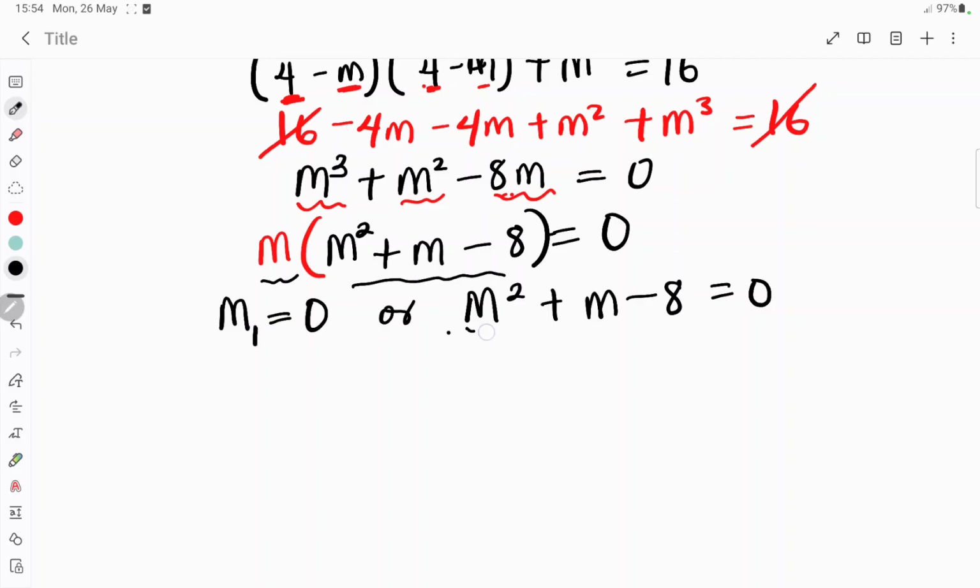For the second, this is clearly a quadratic equation because the highest power of the unknown here is 2. So all I have to do is use the quadratic formula to solve it.